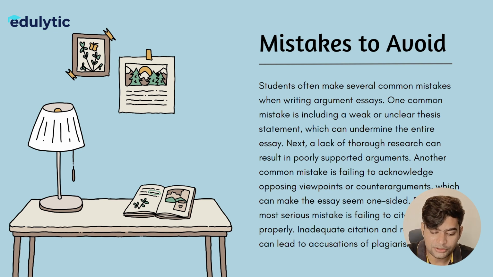So focus on your thesis statement with a critical eye. Next, a lack of thorough research can result in poorly supported arguments. That is why researching while practicing your upcoming IELTS essays is also an important part of the writing process.